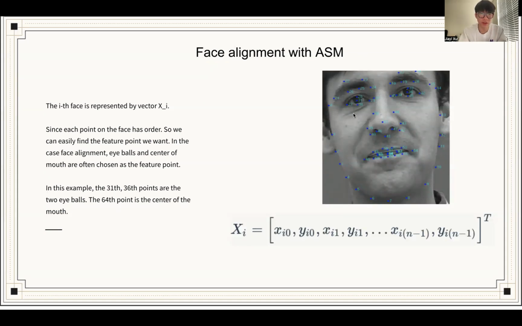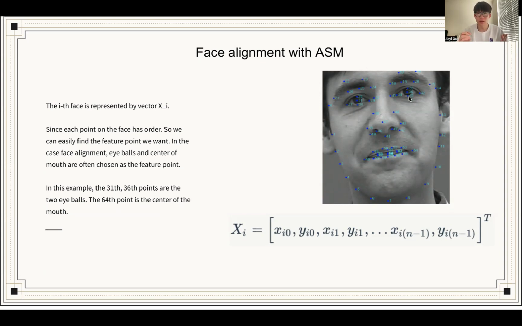If we want to do feature alignment, the only thing we need to find is where the eye is, what the feature point on the eyeball is, and the number of the feature points on our eyeball. In this example, it's 31 and 36.